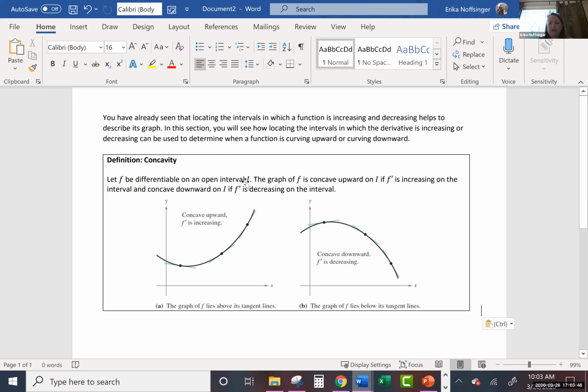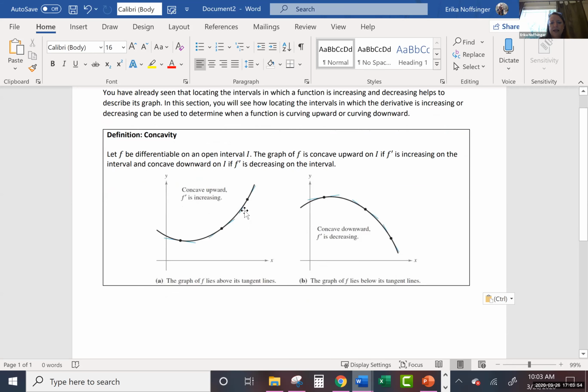And so there's multiple ways to see when a graph is increasing, decreasing, or finding max and mins. But notice there's something called concavity. And the graph can either be concave up or concave downwards. And we can find our concavity by looking at the second derivative.